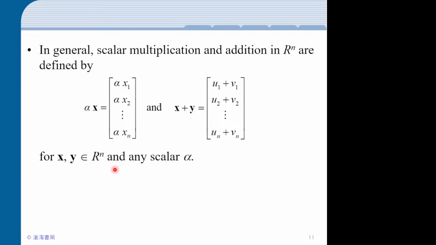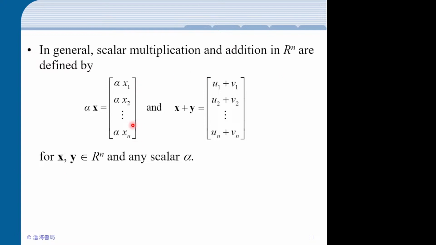So we can represent the n-dimensional vector space by these n numbers. This is Rn. It's just a list of n numbers, and we have two operations that we want to do a lot: scalar multiplication and addition.